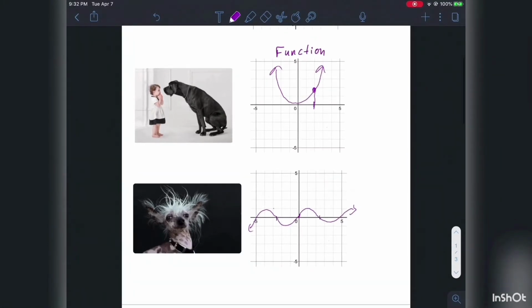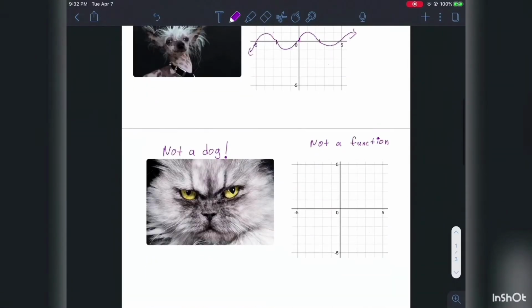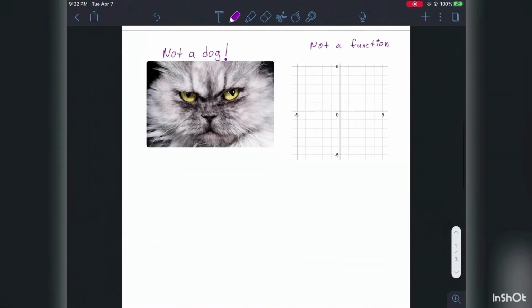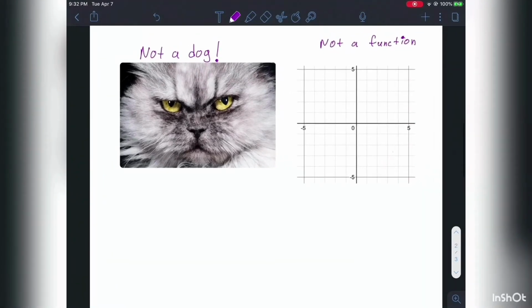All right, now some graphs aren't functions. Some animals aren't dogs. Whoa, that's not a dog. So not a function could be something like an oval, where this input has two outputs. That makes it not a function.